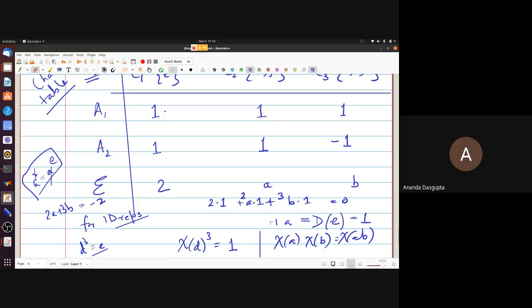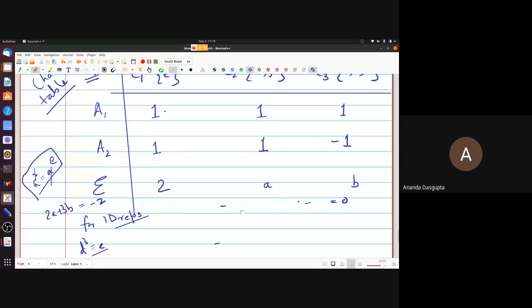There are many ways of doing it. I'm just showing you one of the most simple-minded ways. You just assume that they are A and B, some numbers, right? And then you say this vector made with 2, A, B must be orthogonal to 1, 1, 1. So I must get 1 times 2, where the 1 is the number of elements in the class, plus 2, the number of elements in this class, times 1 times A, plus 3, the number of elements in the third class, times 1 times B. This must be 0.